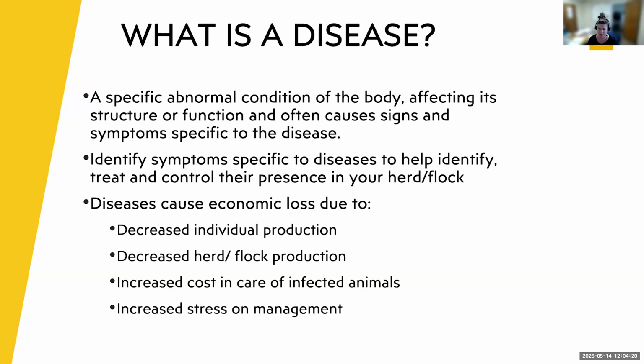Then there's also the increased cost of caring for these infected animals, as well as having to test the other animals in your herd if you do have positive animals, to weed out anybody else that could have specific diseases, and then the increased stress on you as the manager. So again, I hope this information helps increase your knowledge so that hopefully we can decrease any economic loss due to disease.